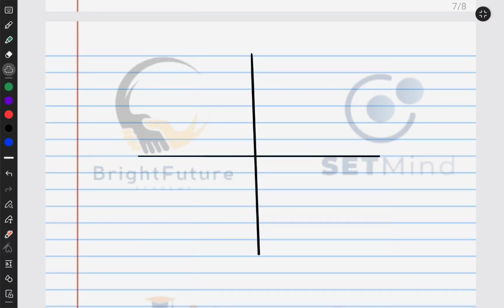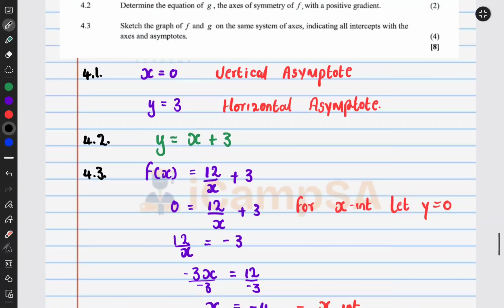Let's sketch our function. These are your y-axis and x-axis.